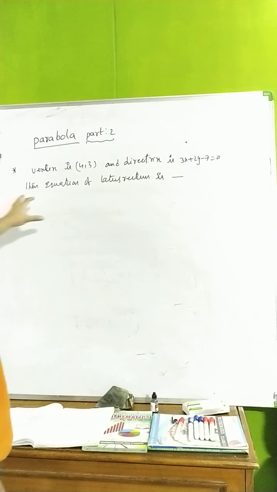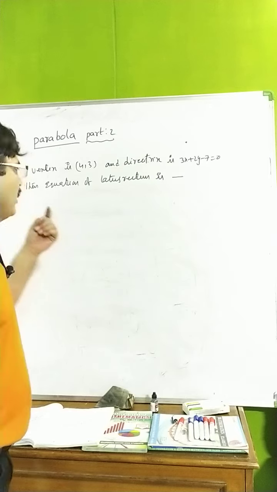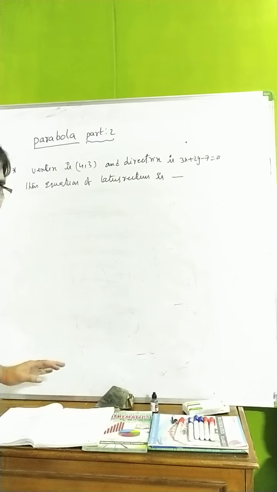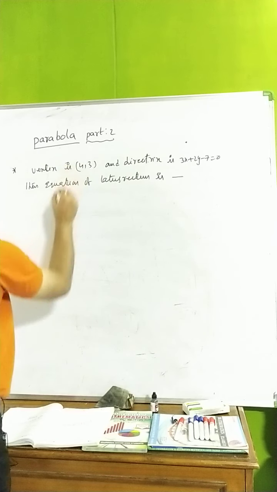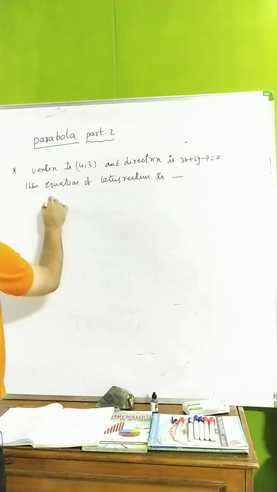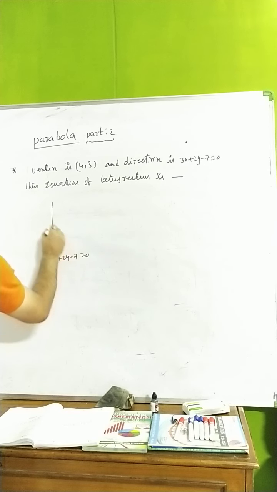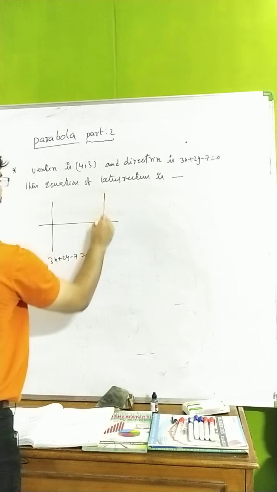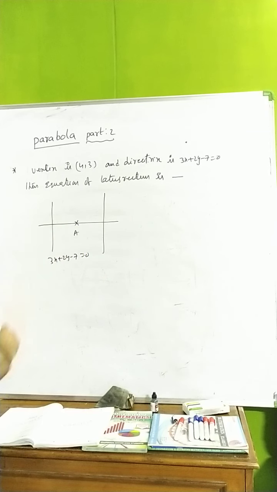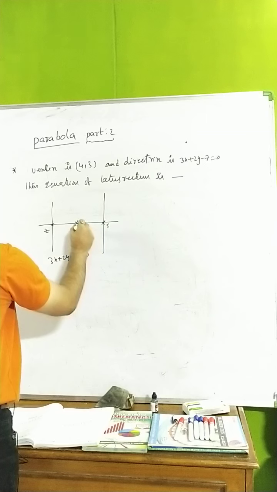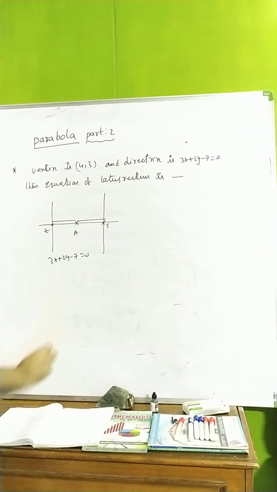Okay, now with this question it is very clear. You should have perfection in the diagram, then only you can attempt this type of question. Why? Very simple. What has he given? Directrix is given. Directrix is this one: 3x plus 2y minus 7 equal to 0. This is the vertex. And latus rectum: you know very well that if it is Z and S, this distance is the same as this distance.